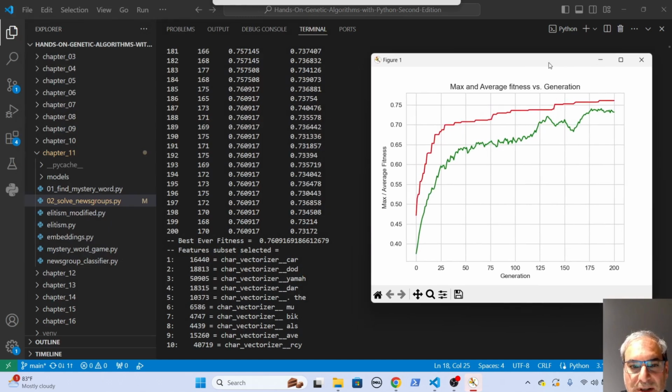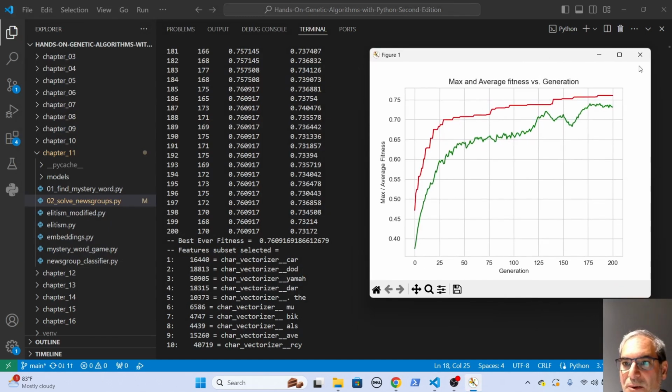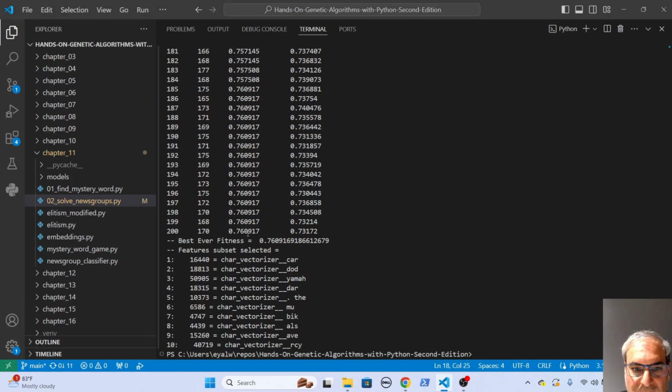So the run is finished. So now we have a little bit less success rate. It's 76%, but it's still pretty impressive that we were able to get this kind of accuracy with only 10 features.